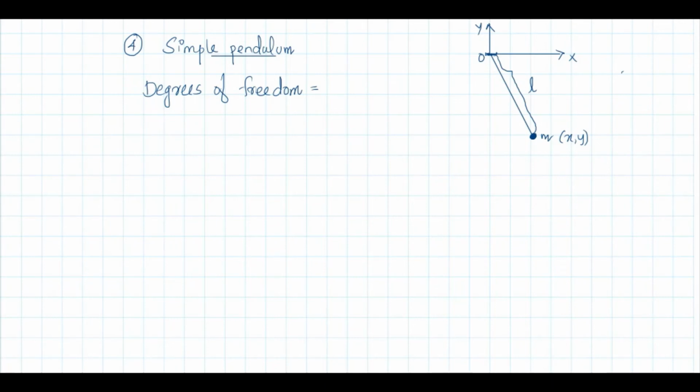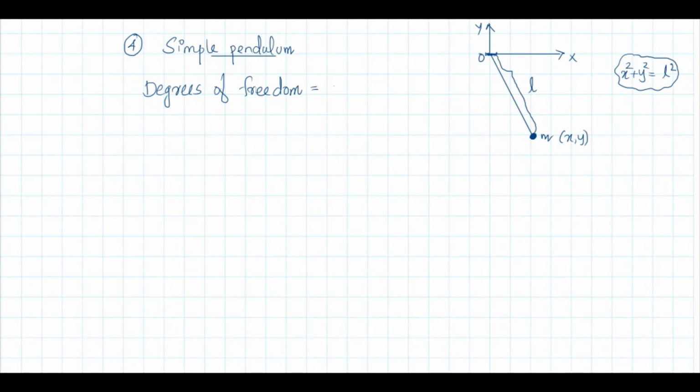So both x and y coordinate will vary, but there exists a relation, a constraint relation, that is x square plus y square is always L square. So that is a constraint, and this is a holonomic constraint. So it will reduce the degree of freedom.